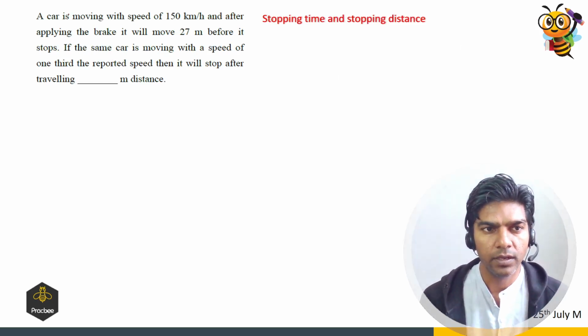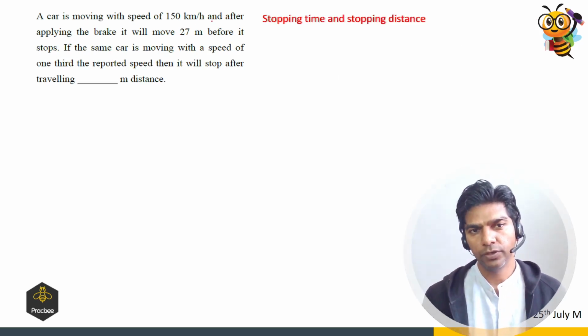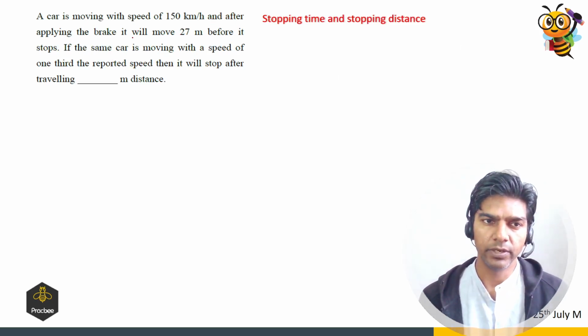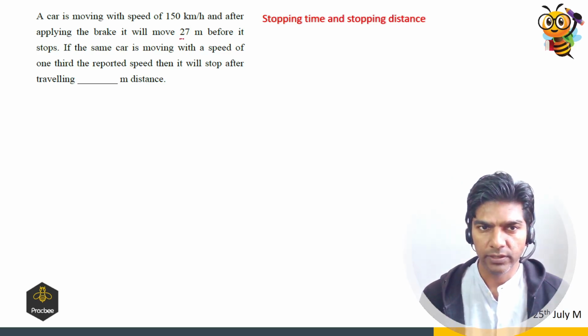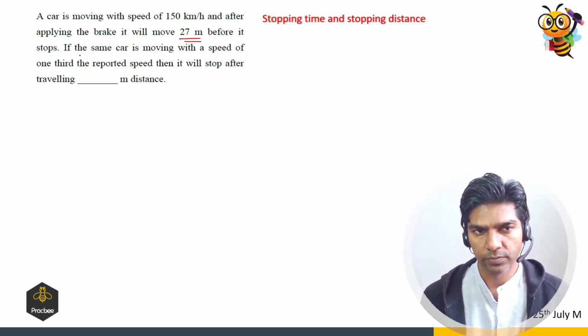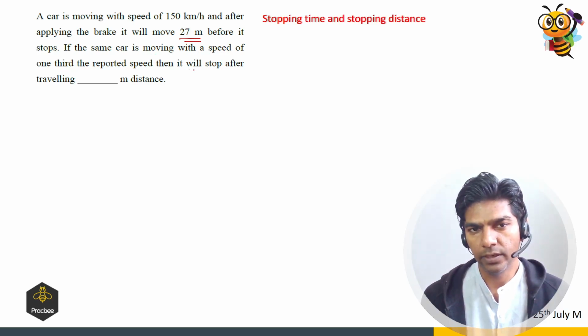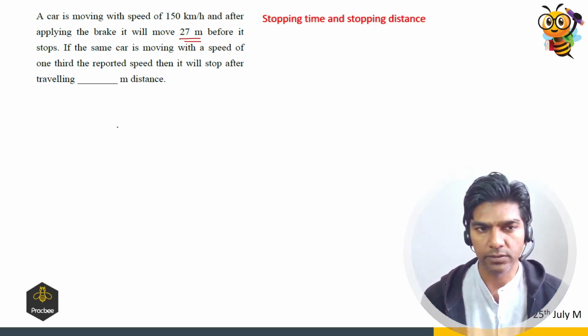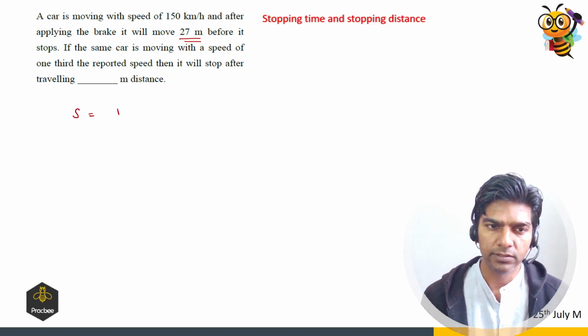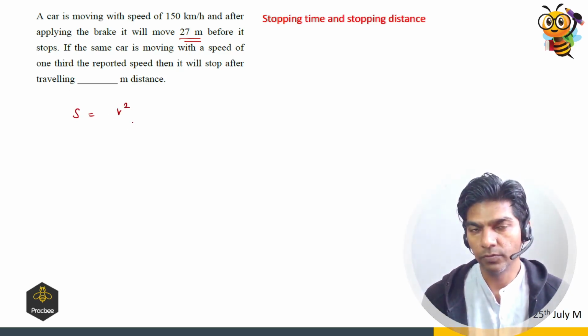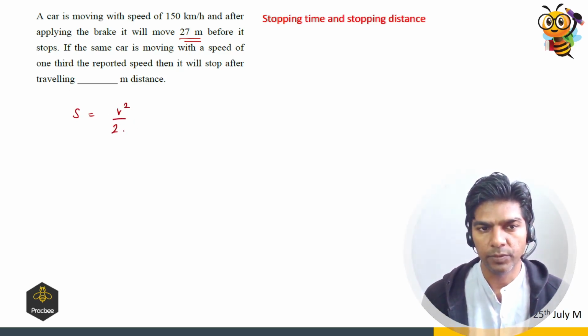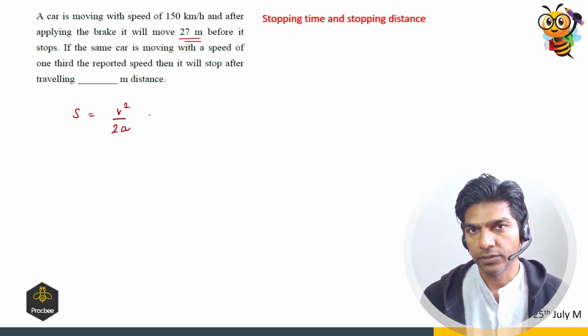Now let us see this question. A car is moving with a speed of 150 kilometers per hour, and after applying the brake, it will move 27 meters before it stops. If the same car is moving with 1/3 of the reported speed, then it will stop after traveling what distance? We know that stopping distance is directly proportional to the square of the velocity and inversely proportional to the acceleration or the retardation.